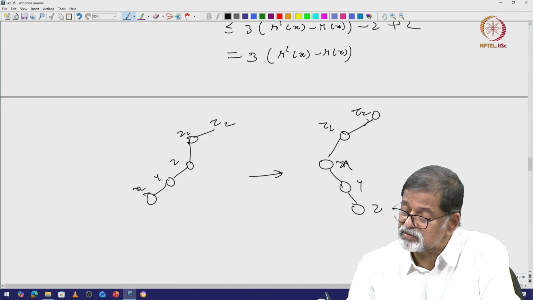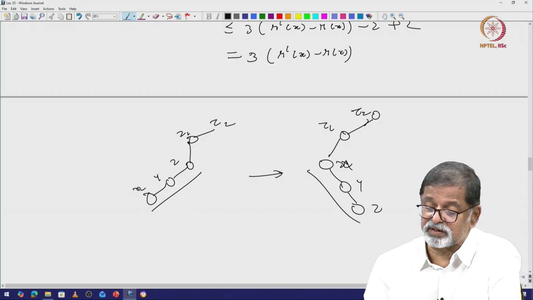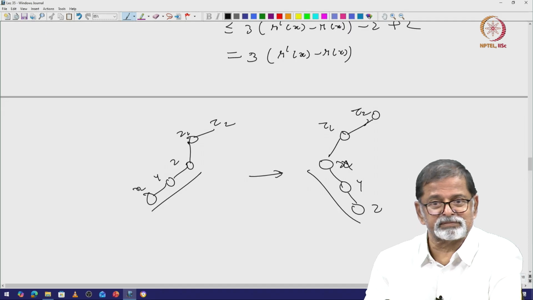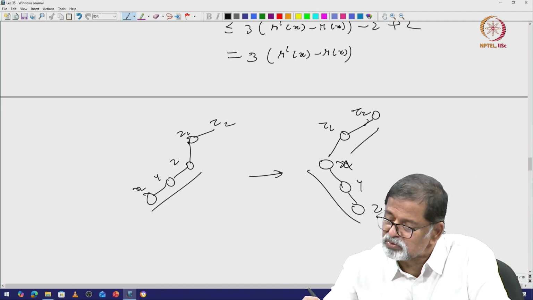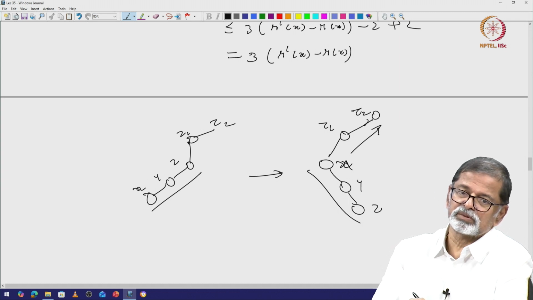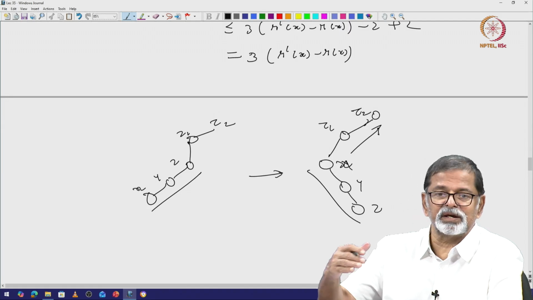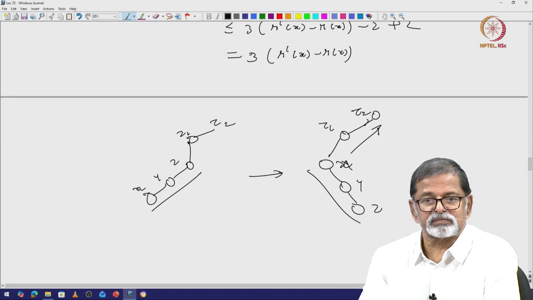This is x, because this configuration has been changed to this configuration, and you recursively apply again the splay. It shall move 2 further levels. So in this way you keep moving 2 further levels.